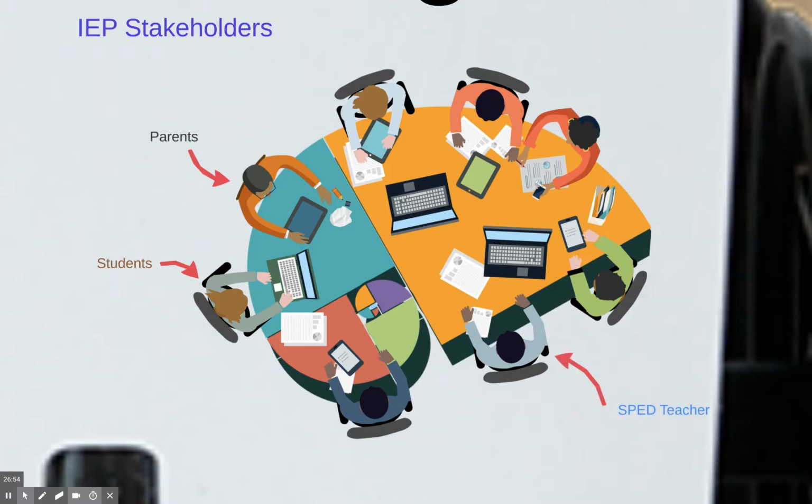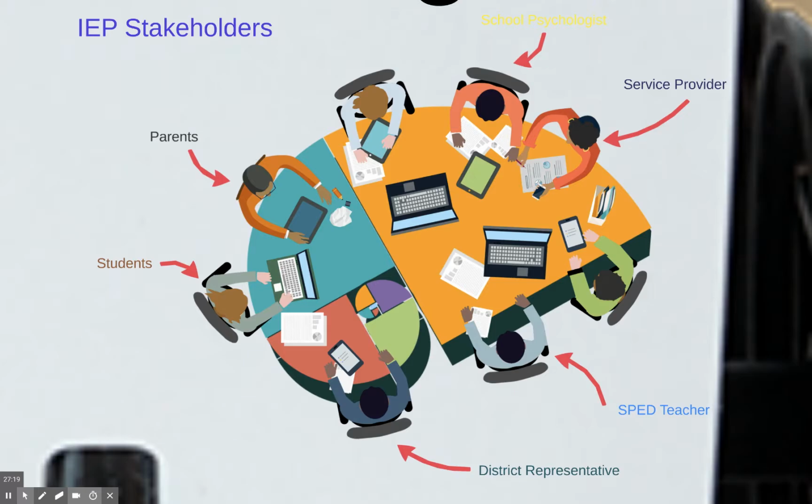Special education teacher should be at the IEP. Service providers, so speech and language pathologist, your physical therapist, your OT or APE teacher, school psychologists, district representatives. So this is the person, a lot of times it's a principal, but they're representing the local education agency and making sure that any services that are promised can actually be carried out.